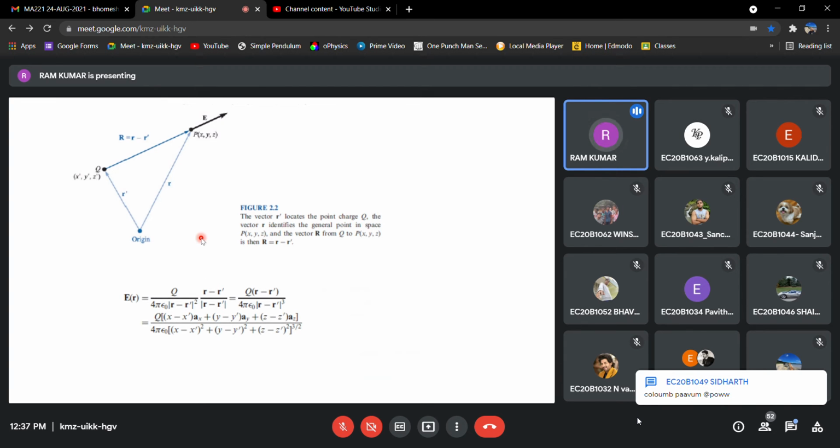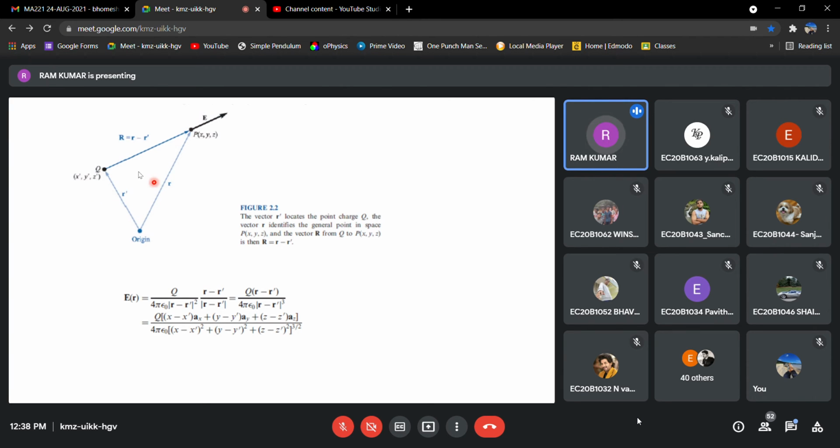Now we always have a coordinate system, right? Fix this as the origin, this is the charge, this is the point. Everything happens in free space. So here there is a charge. I may find the field due to the charge anywhere around in free space. Assume this is the point where I am going to measure the field due to this charge.